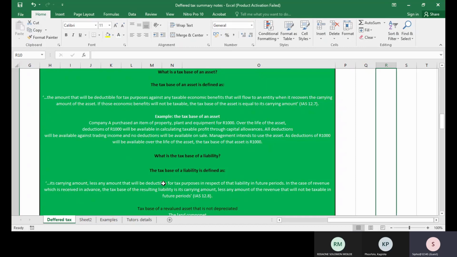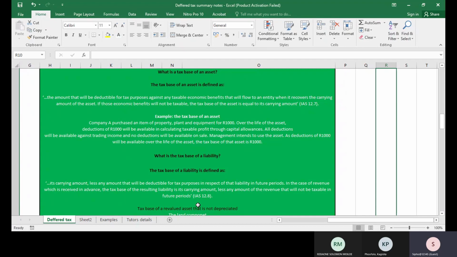But let's read the definition. They are saying it's the carrying amount of that liability, less any amount that will be deductible for tax purposes in respect of that liability in future periods. In the case of revenue which is received in advance, the tax base of the resulting liability is its carrying amount less any amount of the revenue that will not be taxable in the future period.